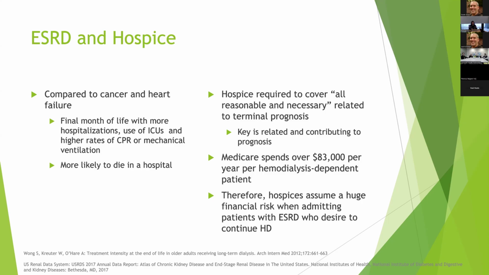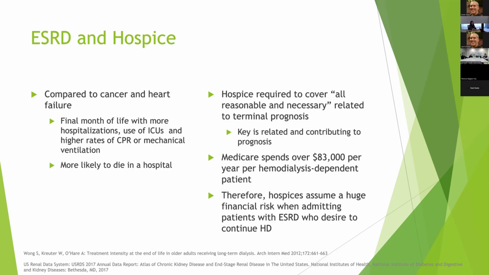Medicare spends, and again, I'm surprised this isn't higher, over 83,000 per year per hemodialysis dependent patient. Have you been in a dialysis center ever? I would think it'd be more money than that. It's pretty lean the way they run it. So therefore hospices assume a huge financial risk in admitting patients with end-stage renal disease. That was 2012? Yeah, I'd double it.